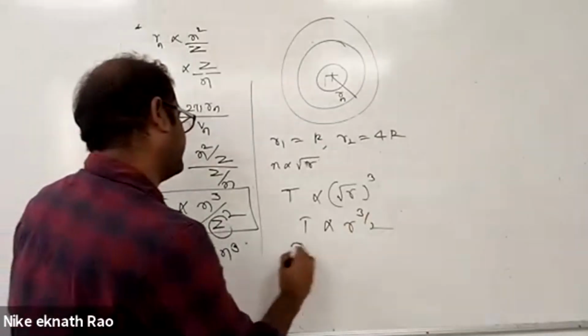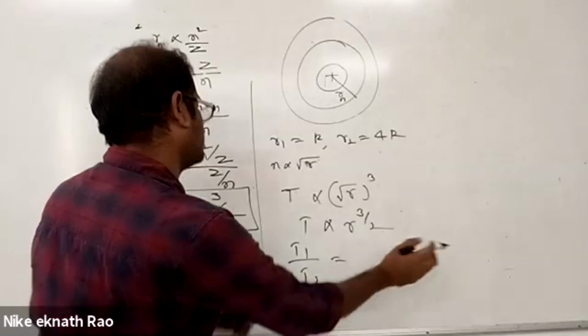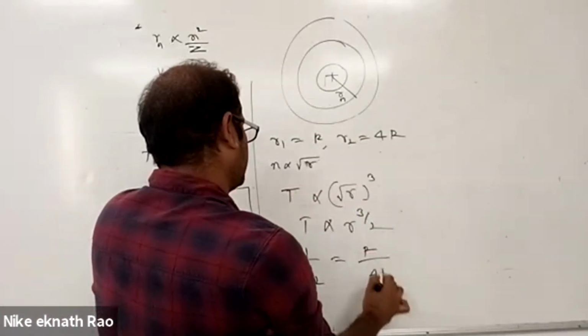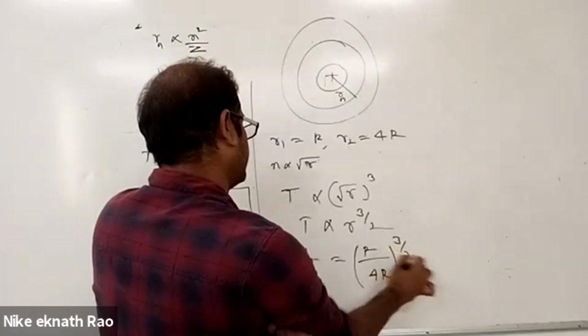The ratio of time taken, T1 by T2, is equal to R1 by R2, where R1 is R and R2 is 4R, whole power 3 by 2.